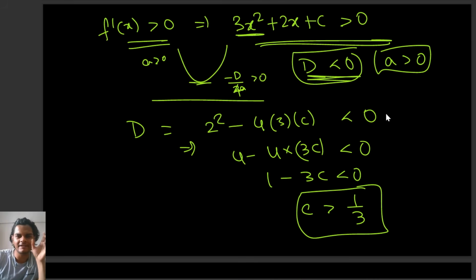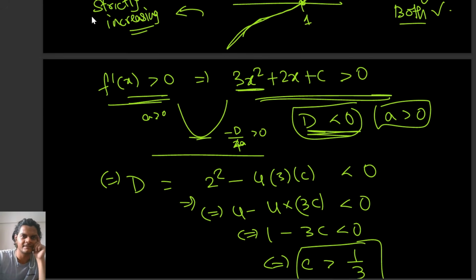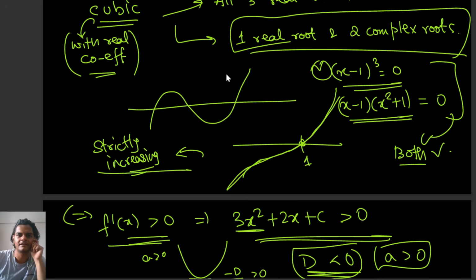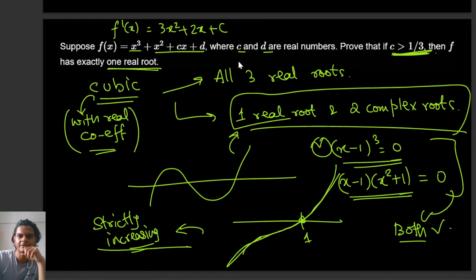These are double implications, I hope you see that. This implies that, and the other way around, you can go back. This will imply that f dash is greater than 0, and this will imply that f is strictly increasing, and this will imply that it has only one real root. Understand? So I hope you understood how we do this.